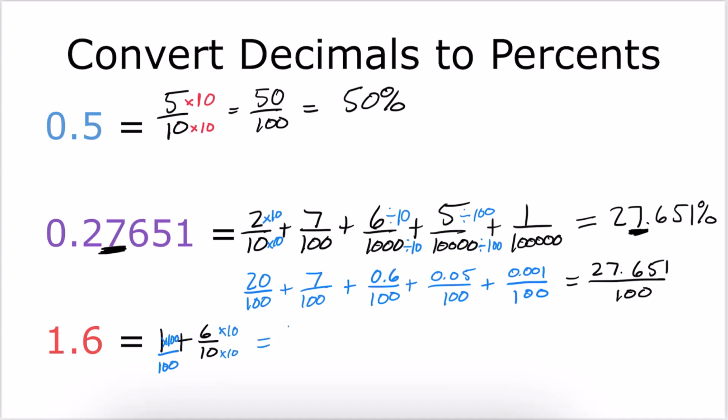And so this would give you 100 over 100 plus 60 hundredths. That would be the fractional equivalent for 1.6 that has denominators of 100. And this would equal 160 over 100, which is an improper fraction, but it should be because 1.6 is bigger than 1. And that means that this is equal to 160%.